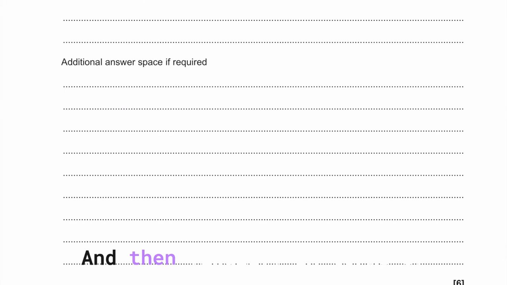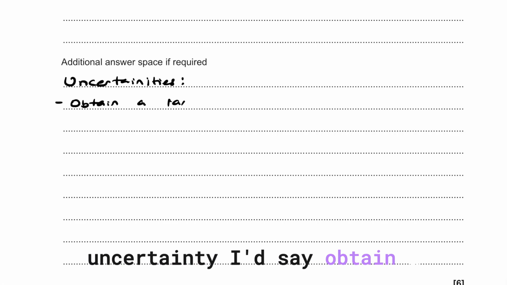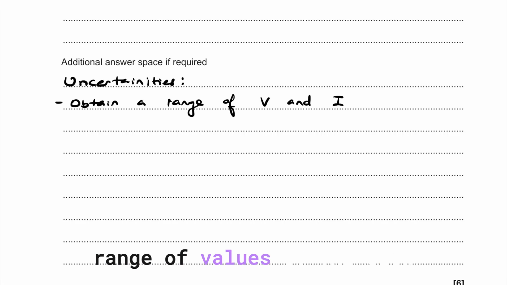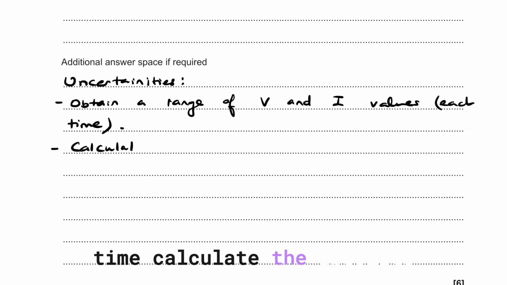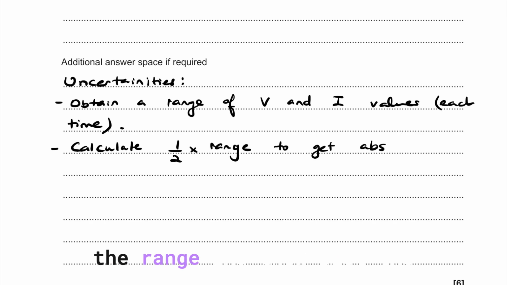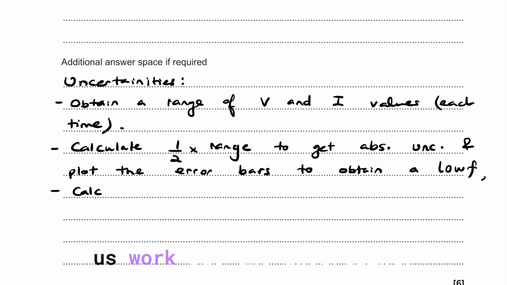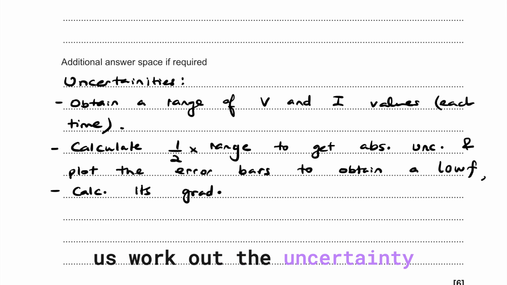Finally, in terms of uncertainty, I'd say obtain a range of values of V and I each time. Calculate the absolute uncertainty by doing half of the range and then plot the error bars to obtain a line of worst fit, and then we can work out the gradient, and that would help us work out the uncertainty in the internal resistance.